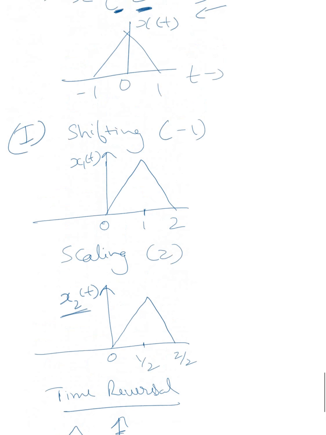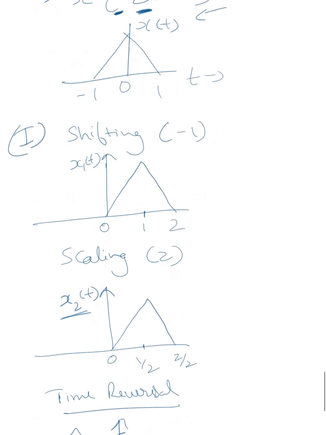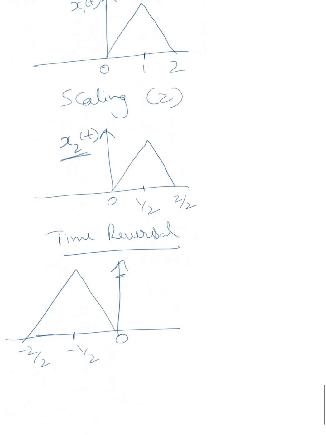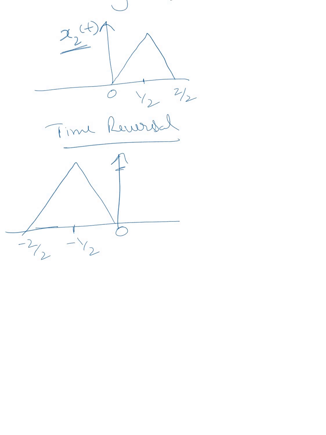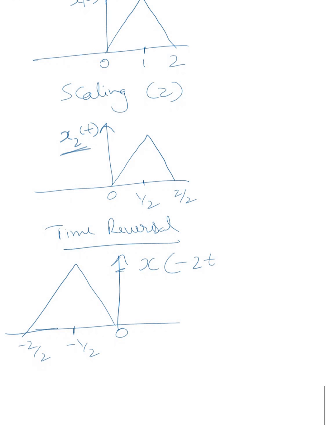If we look further, there are no more operations left. There were 3 operations involved, that is shifting, scaling and time reversal. All the 3 operations are present here. So this will finally give us the resultant signal, which is x of minus 2t minus 1.